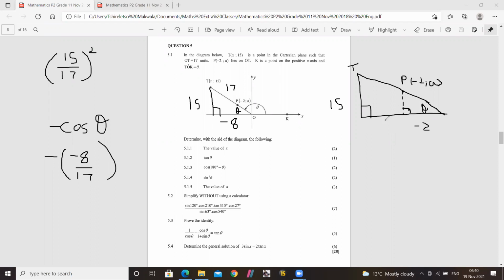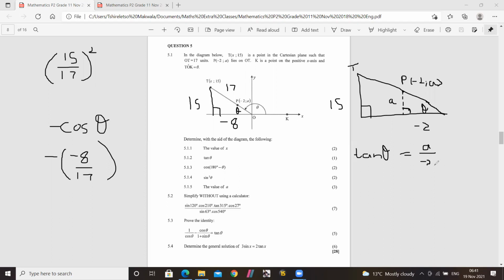Then do you agree that if we say tan theta, I'm talking about the small triangle now. So tan theta is going to be equal to A, this length here, over -2, which is opposite over adjacent.